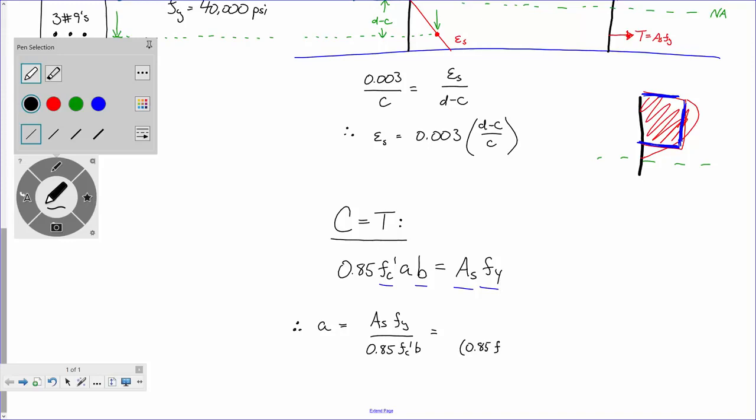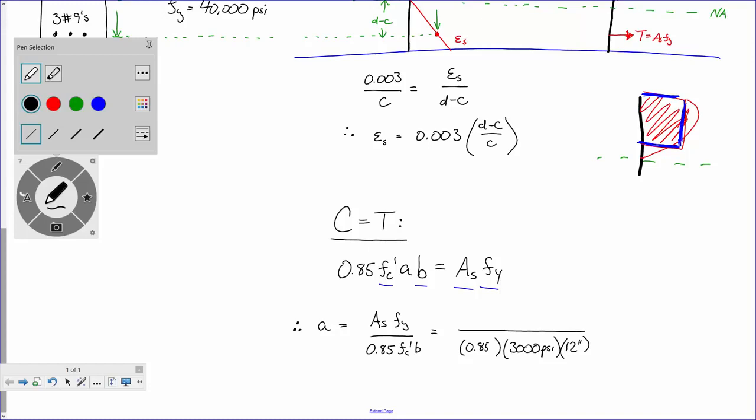0.85 f'c times, whoa, I didn't even plug it in. My goodness. f'c is 3,000 psi. b is the width of the beam, that's 12 inches. All right.